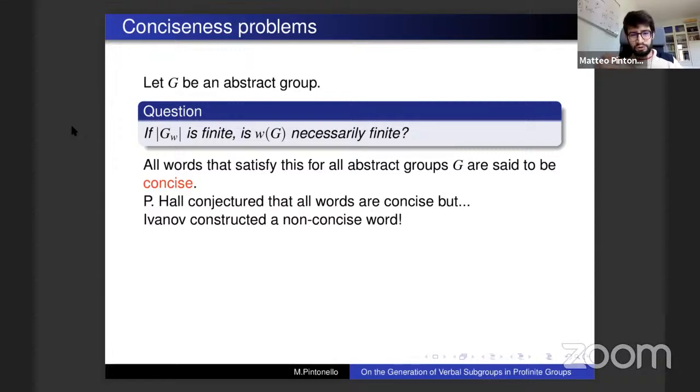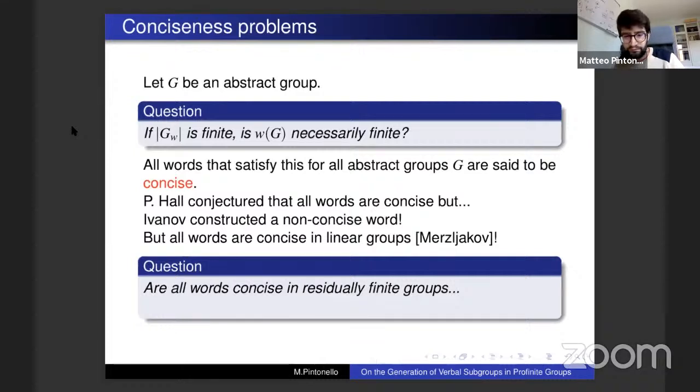Anyway, it seemed to close the problem, but actually it simply moved, because there is another result, by Merzlyakov, that said that all words are concise in linear groups. And so the problem moved from which words are concise in all groups to in which classes of groups all words are concise. It made a lot of sense to choose the class to study as residually finite groups.